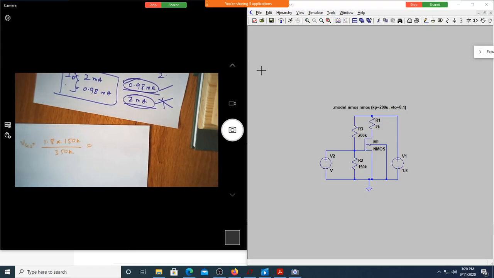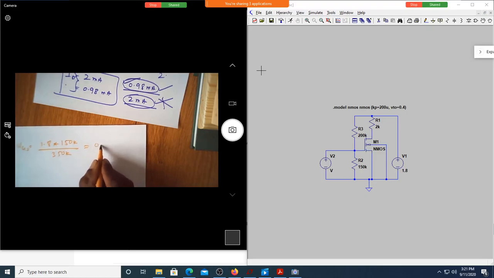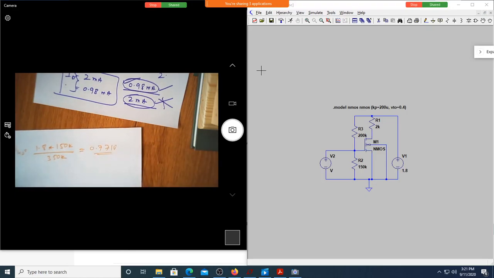Am I correct? How much? 0.77. It is 771 millivolts. Okay.